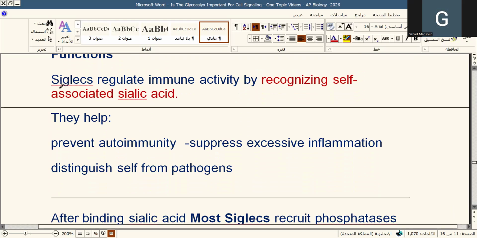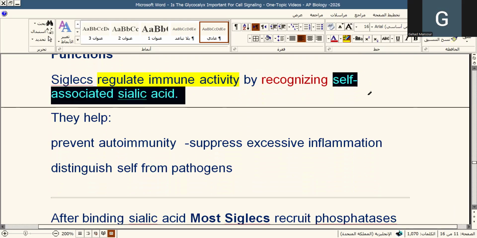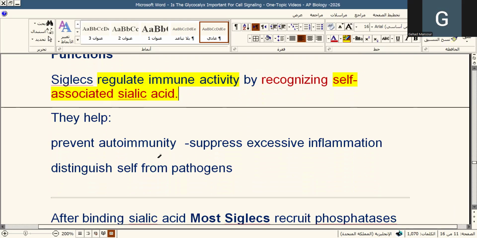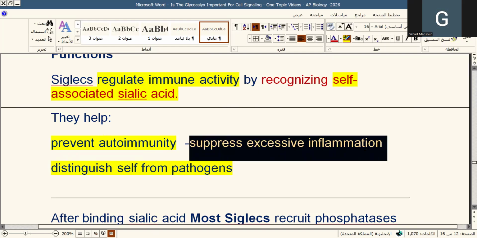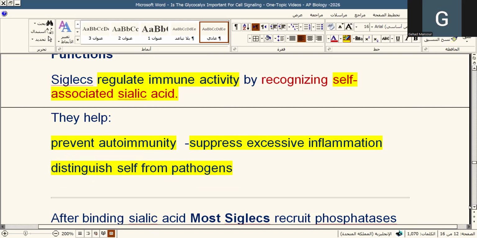So as I've just said, siglecs regulate immune activity. They actually prevent autoimmunity by recognizing self-associated sialic acid. Therefore, they help distinguish self from non-self.